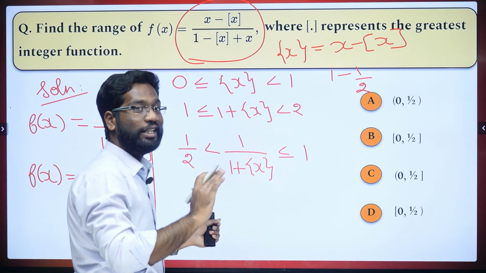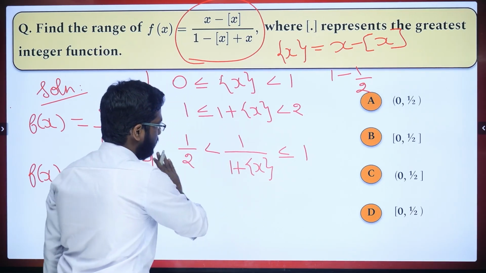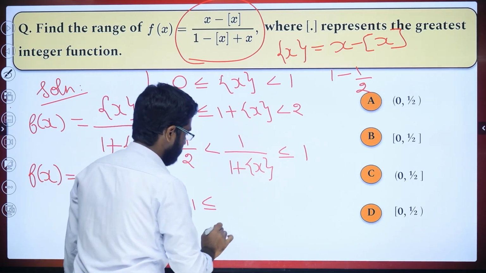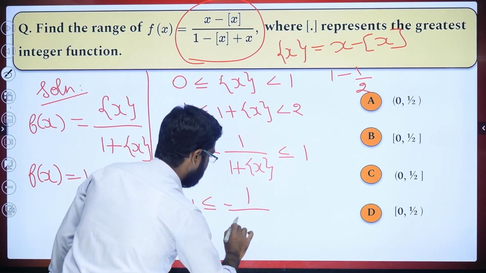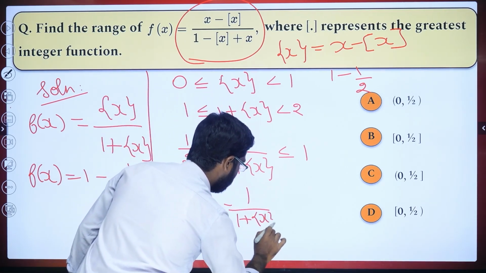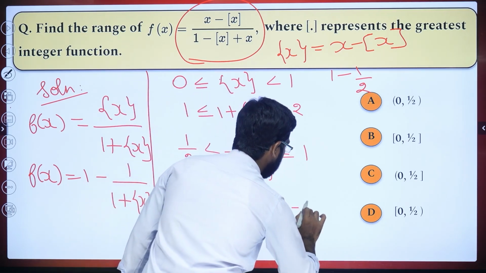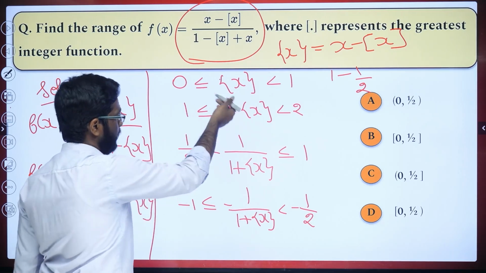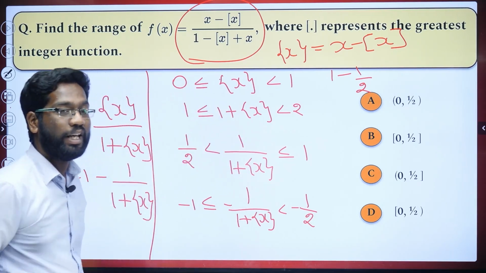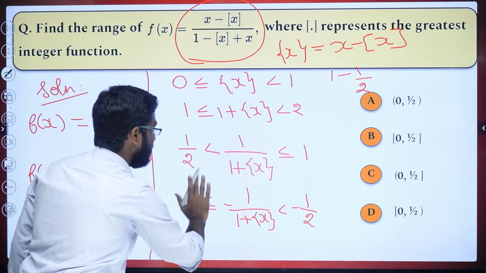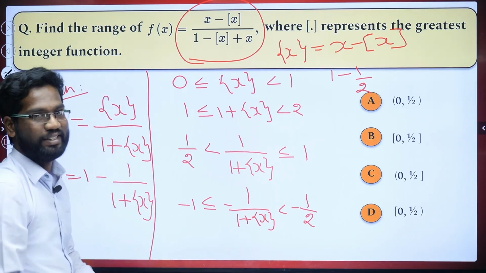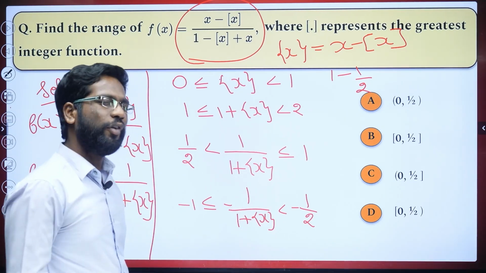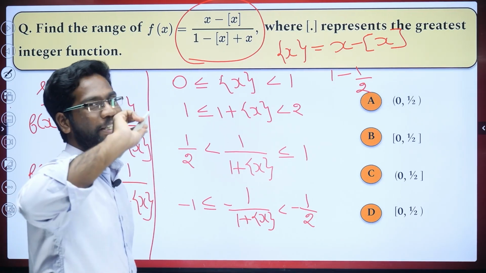The entire inequality will change. So minus 1 less than or equal to minus 1 divided by 1 plus the fractional part of x less than minus 1 by 2. As I said before, my dear students, in the reciprocal as well as in multiplying with a negative, the inequalities will be reversed. These things are very basic, my dear students. I hope you know. If you have any doubt, please ask me in the comment section.